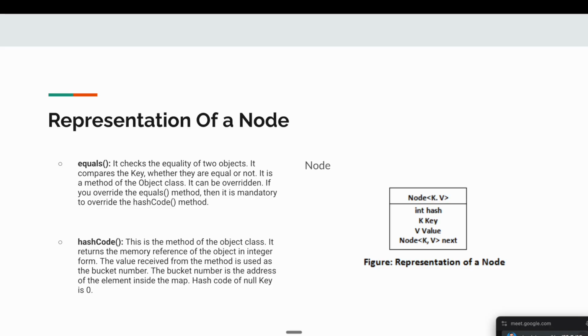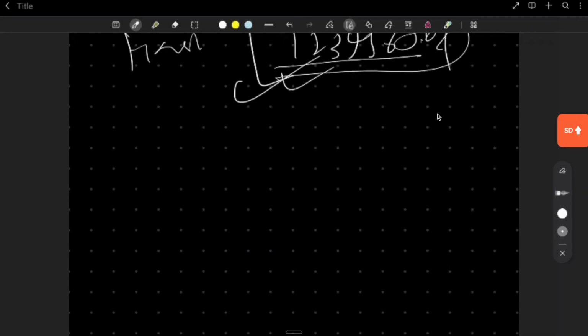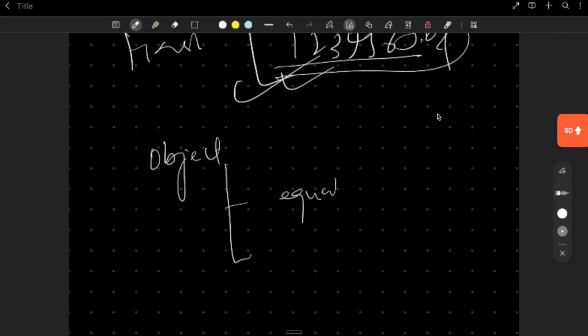Overridden means, these equals and hashCode are built-in methods. Not annotation. Basically, what I mean by override is, let's say there is an Object class which has the equals method and the hashCode method.